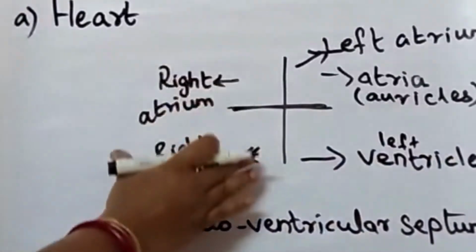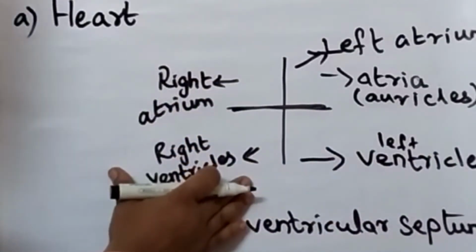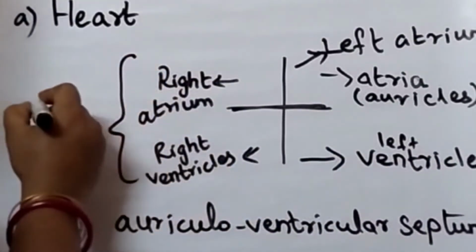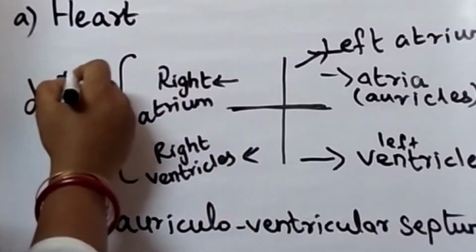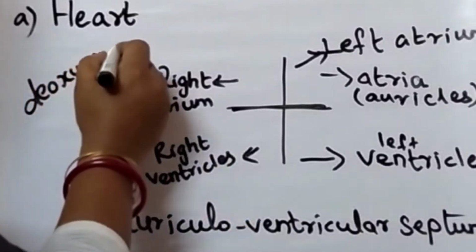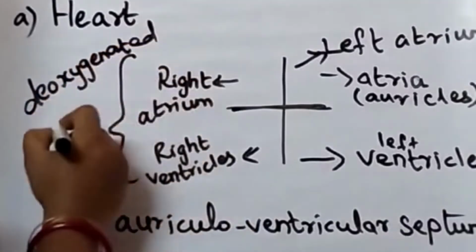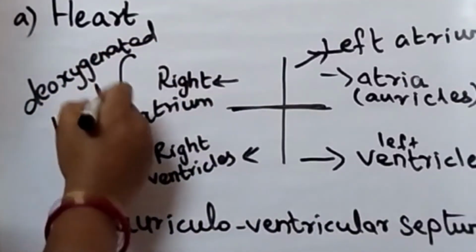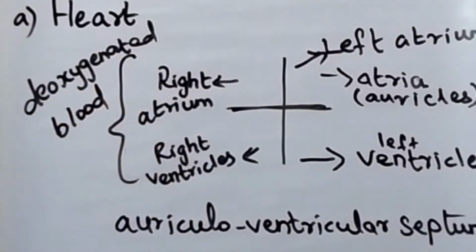This right side of the heart carries deoxygenated blood from all parts of the body.